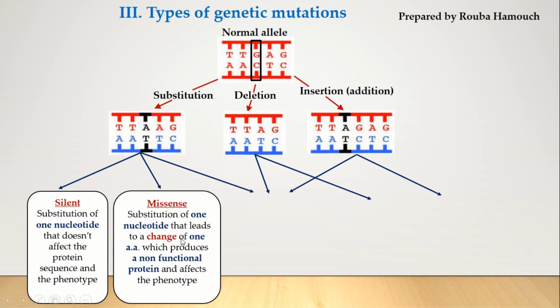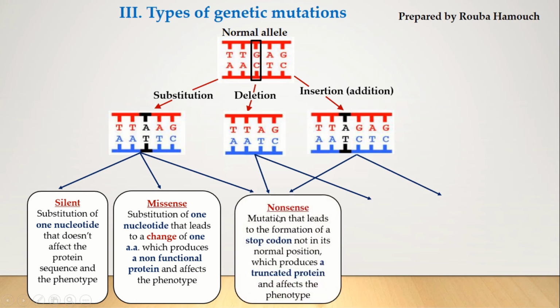Missense means it leads to the formation of a protein which is non-functional. So missense, it misses its sense, its function. So the substitution may lead to the formation of a non-functional protein which affects the phenotype. Also, it can be silent.